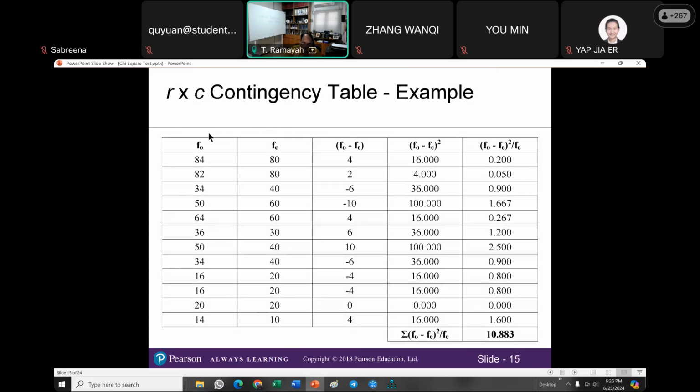So we need the FO, we need the FE, we need FO minus FE, we need FO minus FE squared, and then FO minus FE squared divided by FE. Then only we can total them out at the bottom. So we need to have these columns: 5 columns with 4 rows. Then only we can start the calculation.